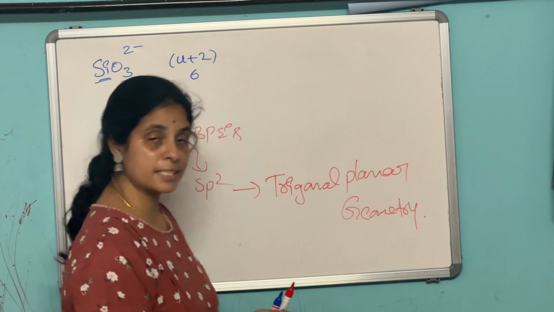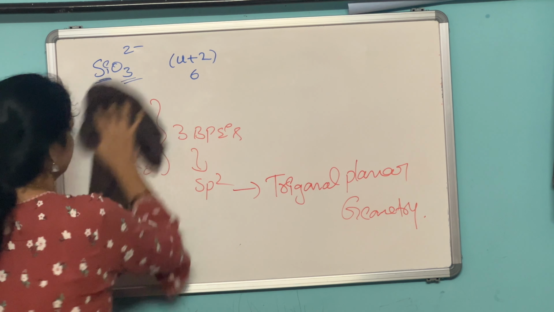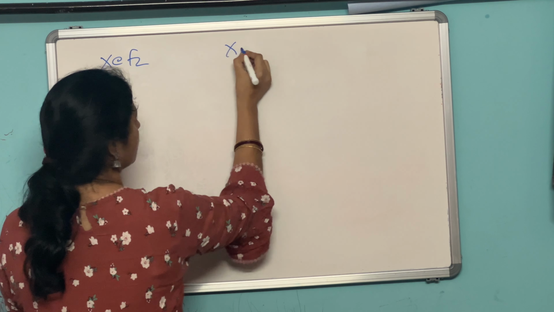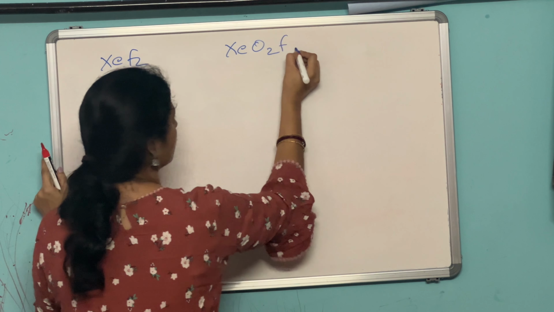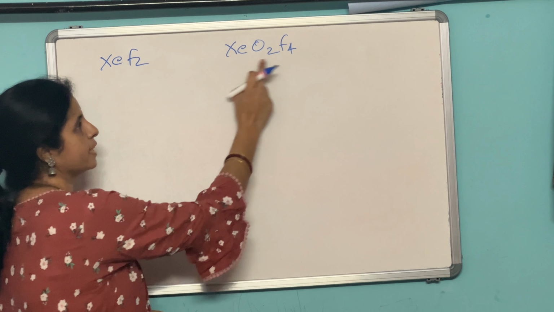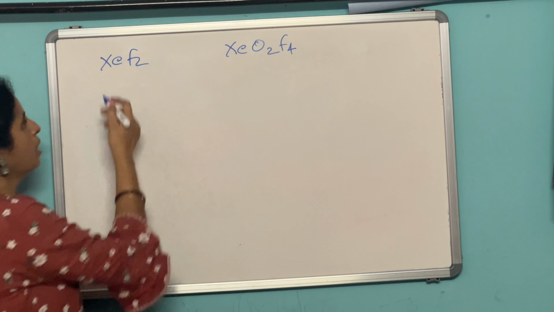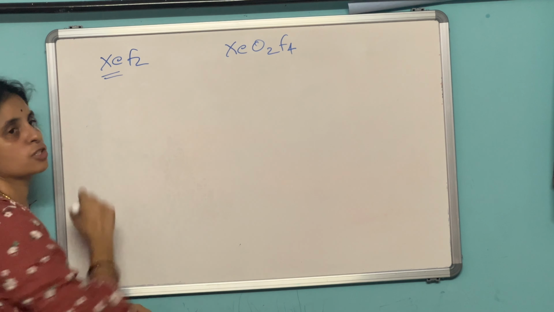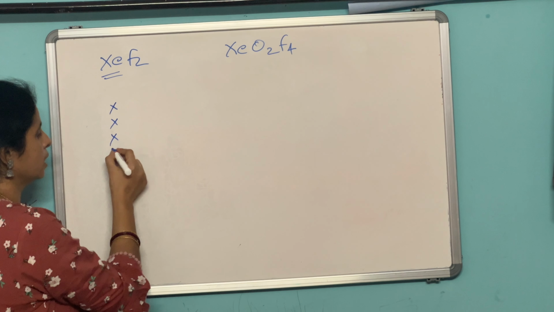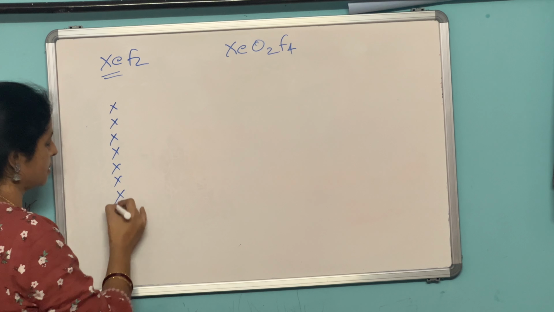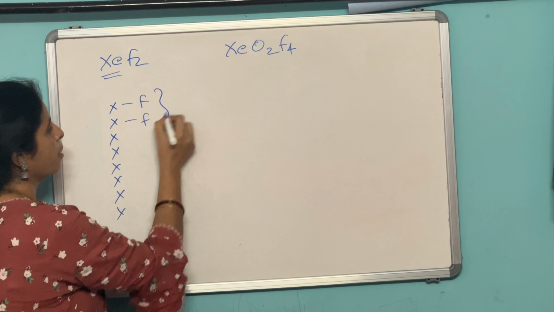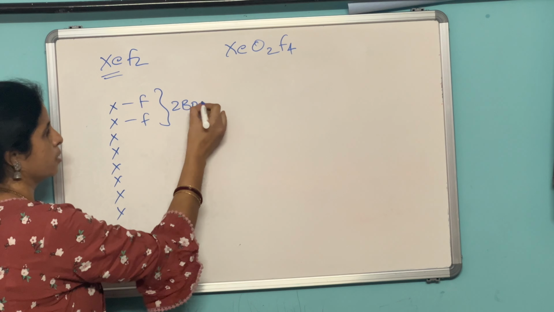Okay, we'll discuss one more example. Fluorides I have taken. Here it is a xenon fluoride and here it is xenon oxyfluorides. So here xenon belongs to noble gases, 8th group. 1, 2, 3, 4, 5, 6, 7, 8. So 2 fluorine atoms, 1, 2. How many bond pairs? 2 bond pair of electrons.